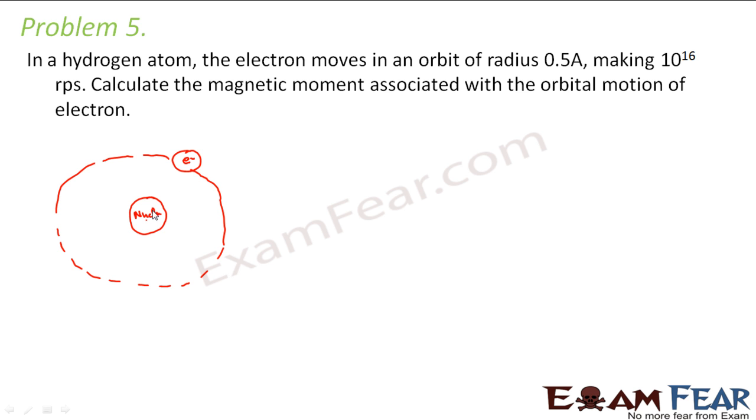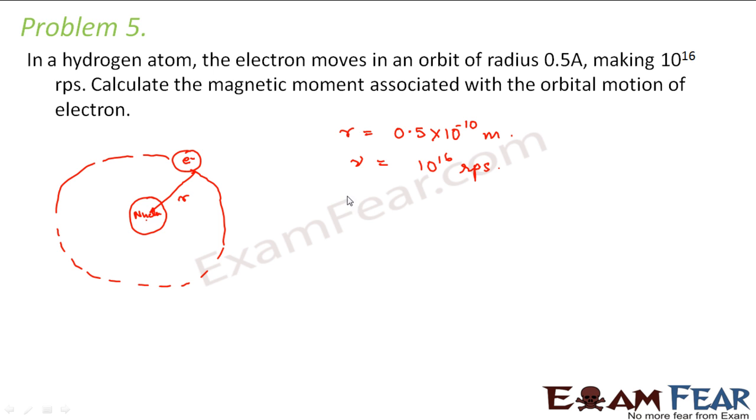The electron moves in an orbit of radius 0.5 angstrom, that is 0.5 × 10^-10 meters, making 10^16 revolutions per second. That means the frequency is 10^16 revolutions per second.